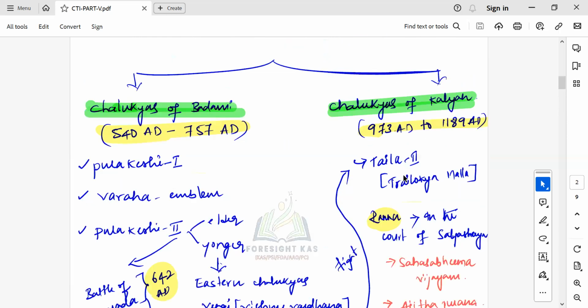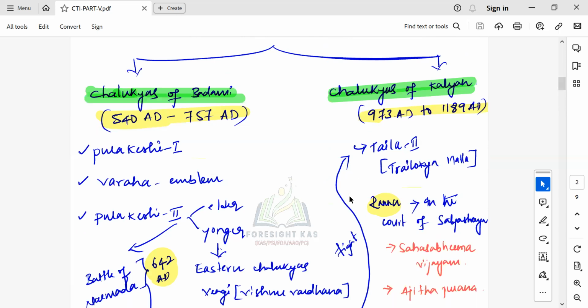Then the Chalukyas of Kalyan. If you take any kingdom, there will always be a highest peak of its growth, and decline will also be there. So the Chalukyas of Badami became the feudatories.